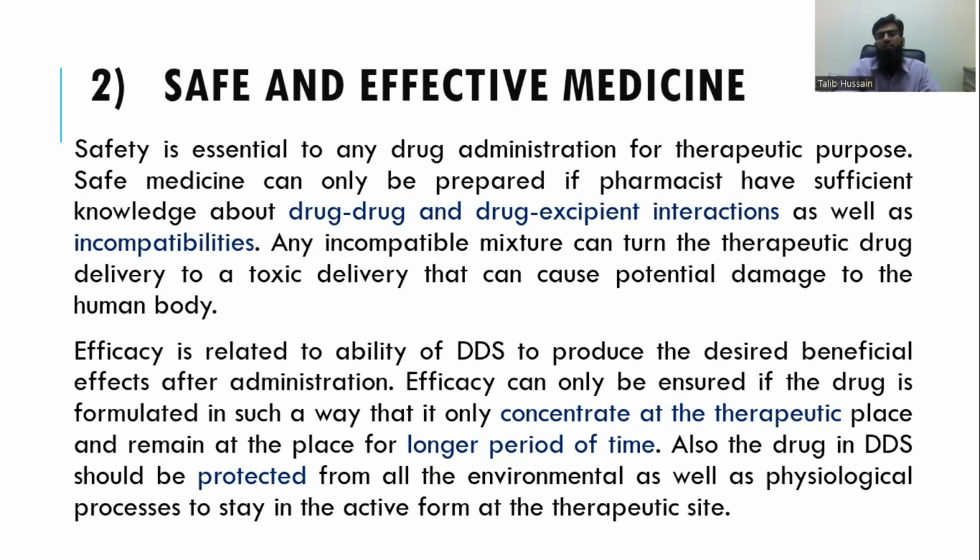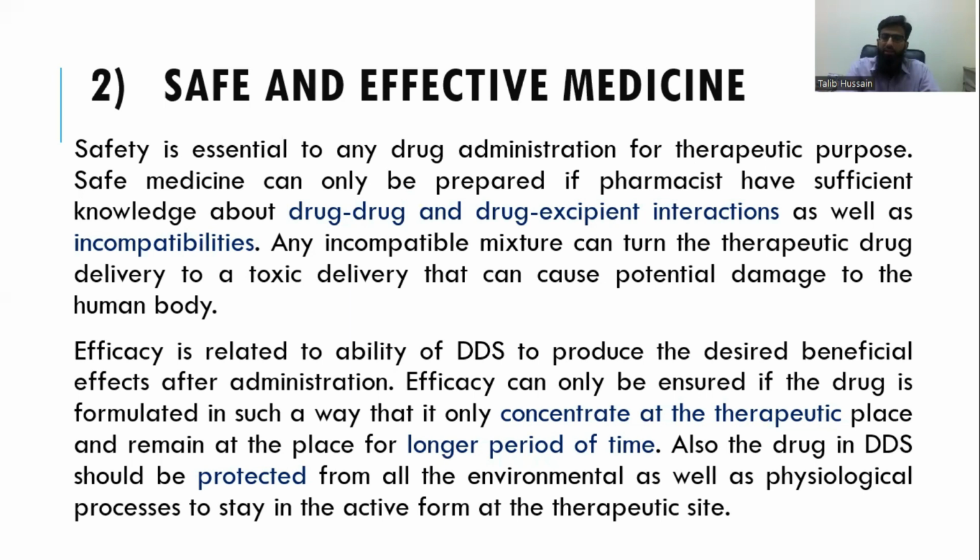And secondly, we will have to remove its interactions and incompatibilities. Incompatibilities can be of various types. For example, incompatibility can be drug to drug, if two drugs are used. Or, as we have blended it in a formulation with the excipient, it could be drug to excipient interaction. There could also be incompatibilities with the body processes.